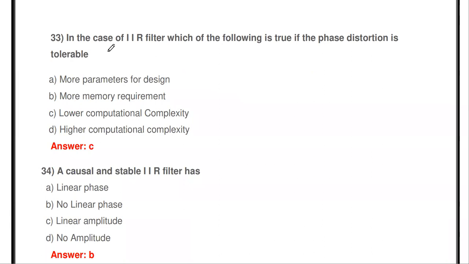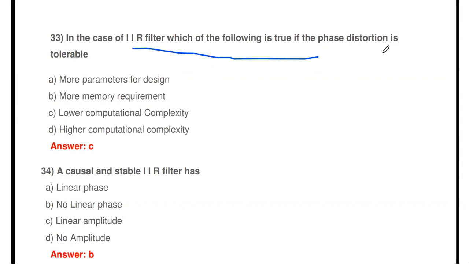The next one: in case of an IIR filter, which of the following is true if phase distortion is tolerable? More parameters for design, more memory requirement, lower computational complexity, higher computational complexity?